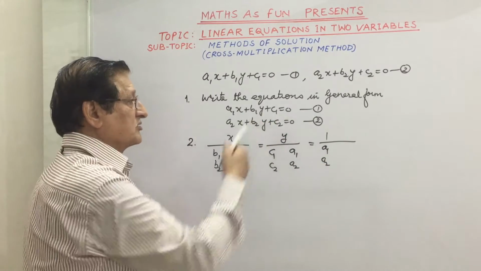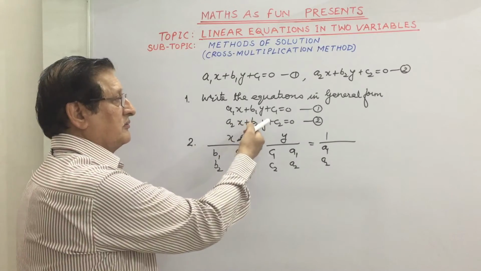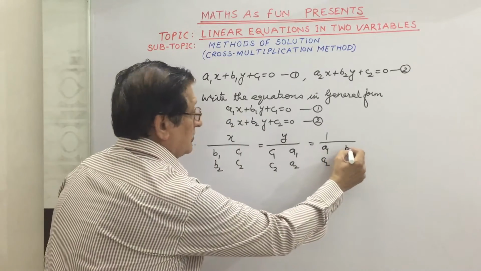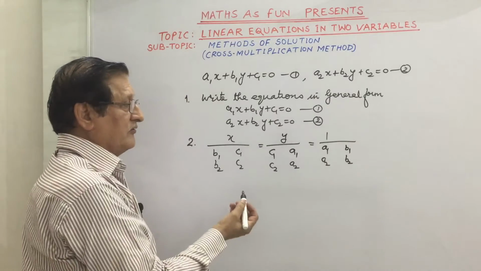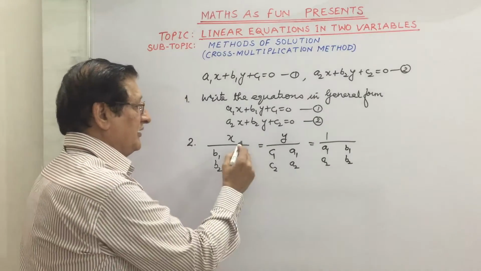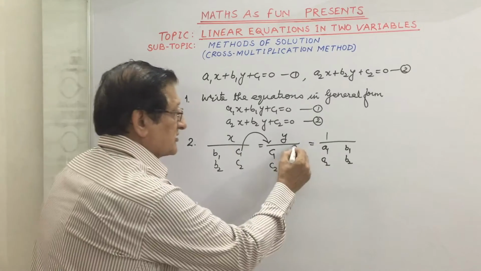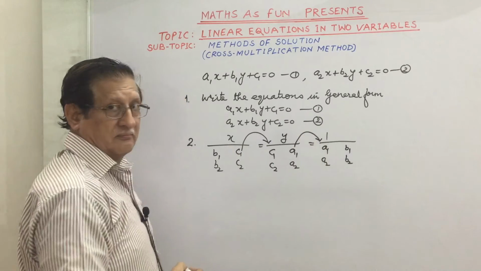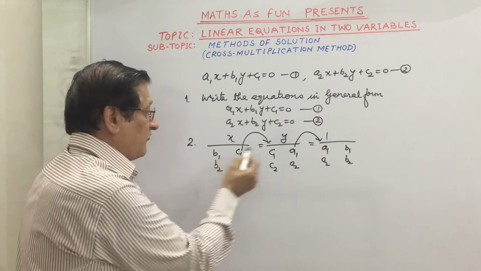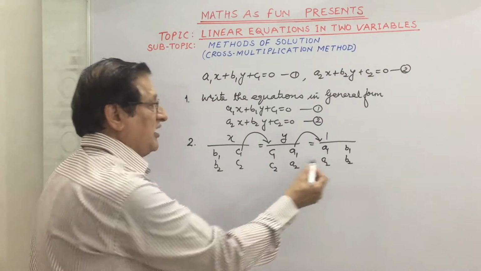And then leaving the constants, what you are getting here, that is b1, b2. And one more thing I will tell you, easy. See, this column we have taken here, this column we have taken here, and you will find the first and the last columns are the same.